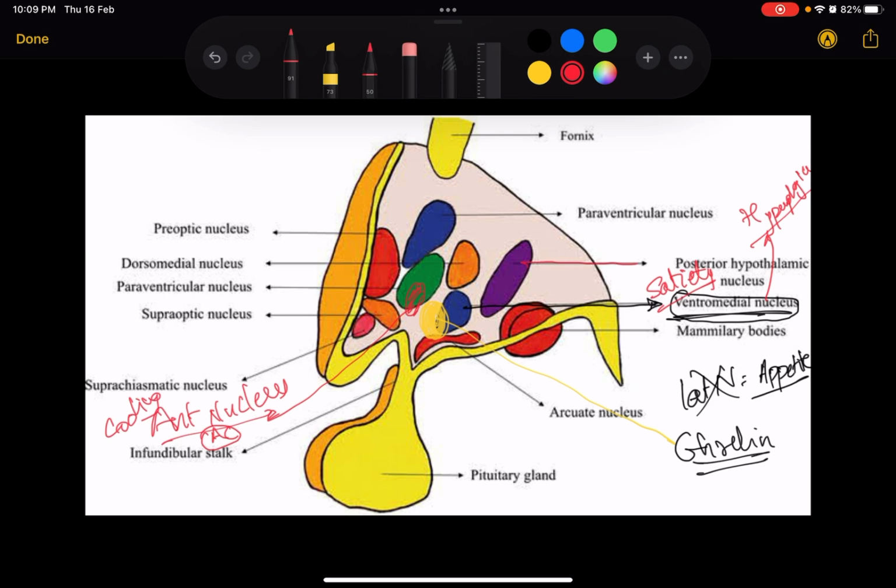Whereas out here we have the posterior hypothalamic nuclei. Let me change the color. The purple one is the posterior hypothalamic nucleus, and it has the opposite function compared to the anterior nucleus. The posterior hypothalamic nucleus is associated with heating, and heating is a mechanism of the sympathetic nervous system.